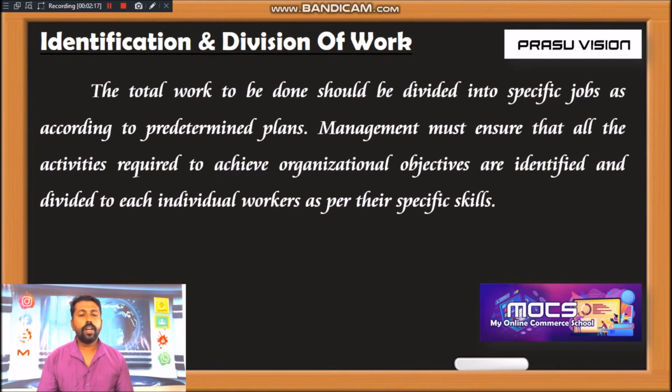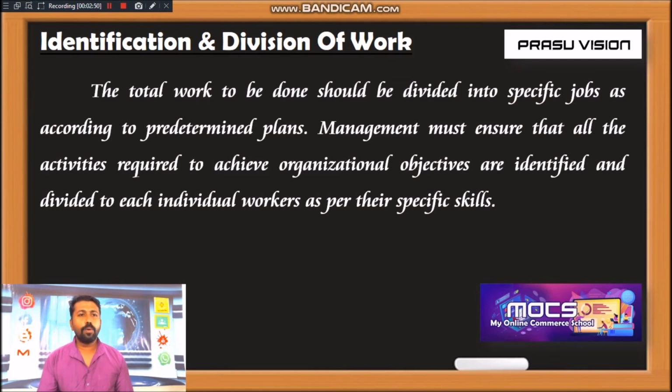They have to ensure all the activities in an organization are identified, and the activities which are essential for the achievement of organizational objectives are assigned to each worker after analyzing the skill of each worker. So the first step in organizing is identification and division of work.